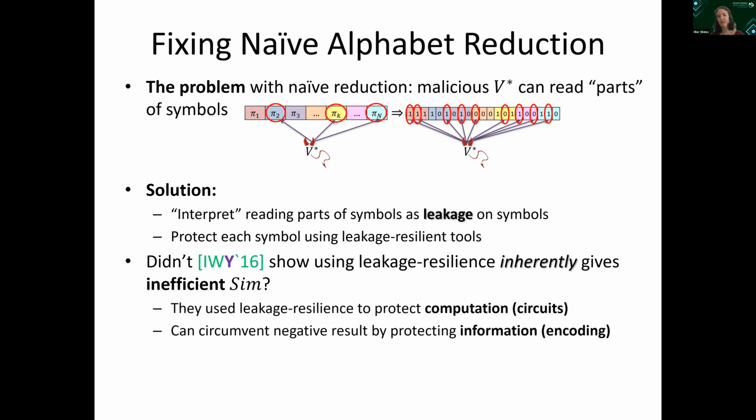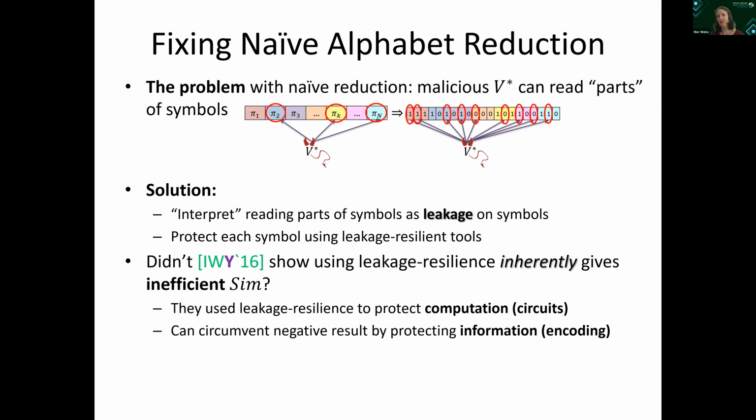The thing to notice is that Hazay et al. were using leakage resilience to protect computation. So they were using a quite strong primitive, which is leakage resilient circuits. And they do show that by using these circuits, you can't get efficient simulation unless NP is contained in BPP. We're doing something completely different.